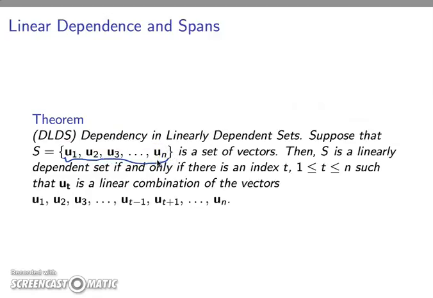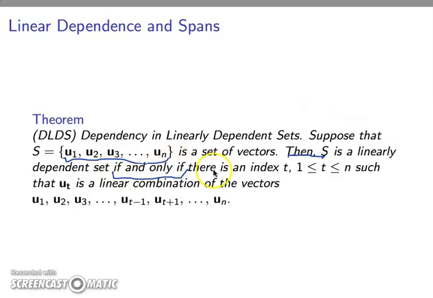There are n elements, n members of that set. And this theorem is providing a criterion to rule linear dependence. In fact, this is if and only if.